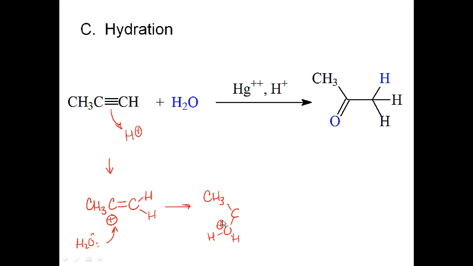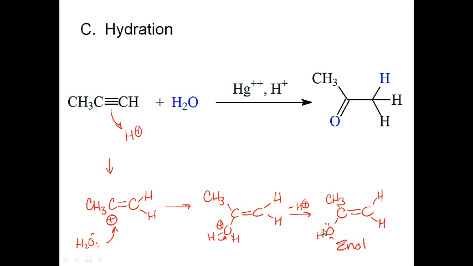I get my oxonium ion, and then lose my H+ to form this species, which is actually half alkene, half alcohol, and so this molecule is called an enol.